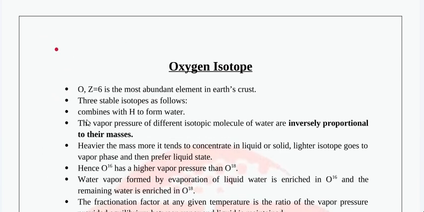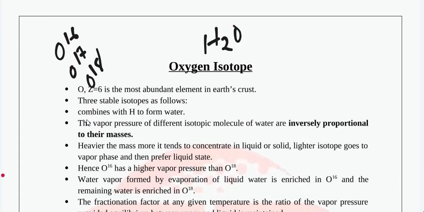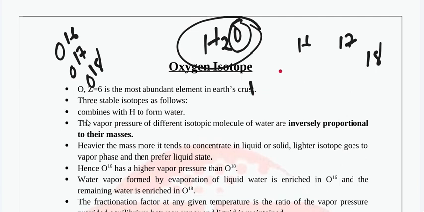So there are three isotopes of oxygen: O-16, O-17 and O-18. Oxygen combines with hydrogen to form water, and this oxygen can be oxygen 16, 17 or 18. The main thing is that this varies with temperature.